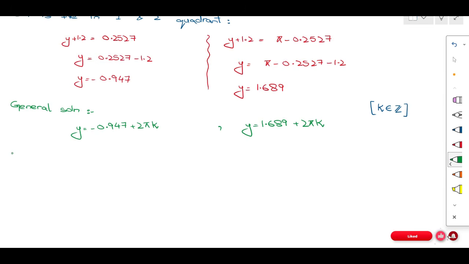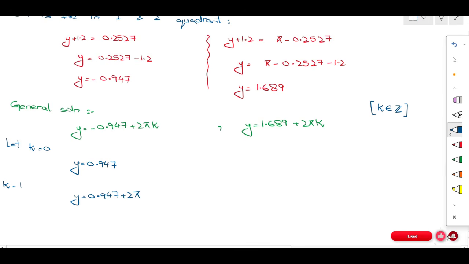Okay, now let me substitute some k values. First, let k equal 0. So when you put k equals 0, you have y equals 0.947. This is a solution. And when you put k equals 1, y would be equal to 0.947 plus 2 pi.